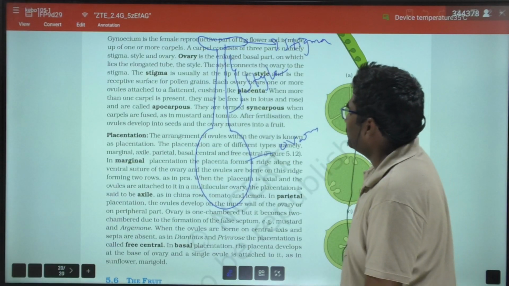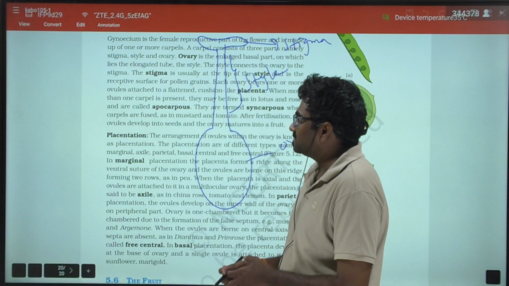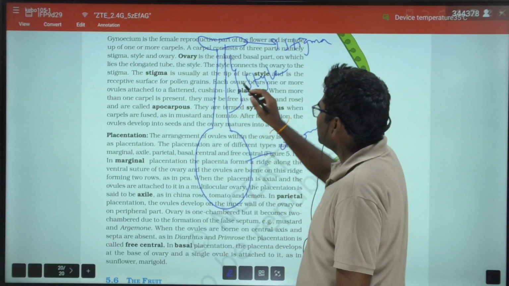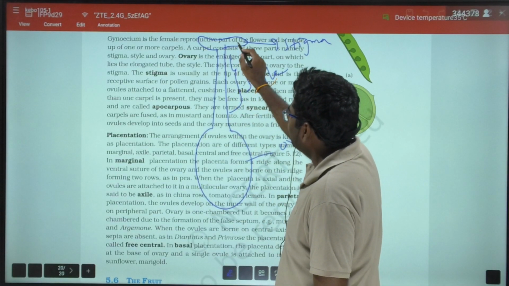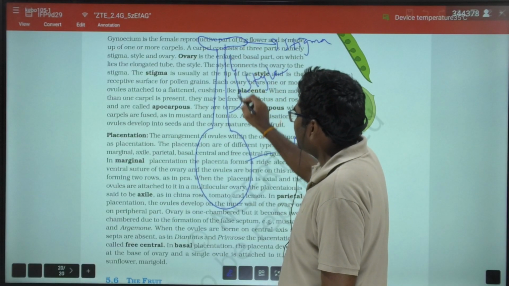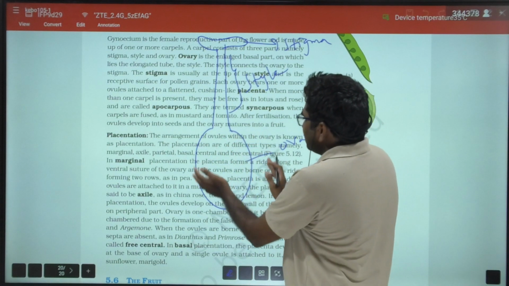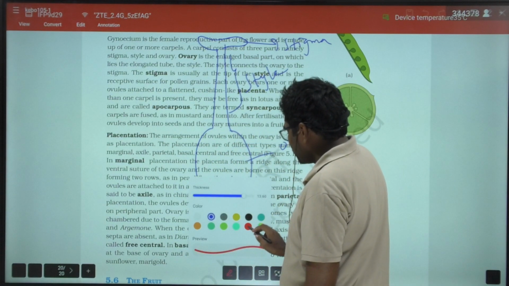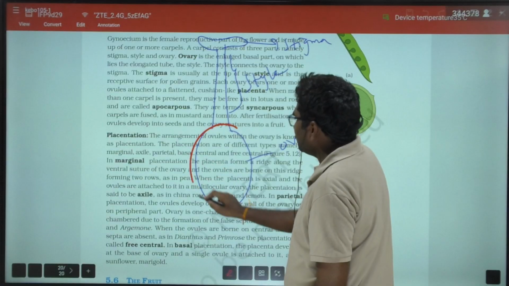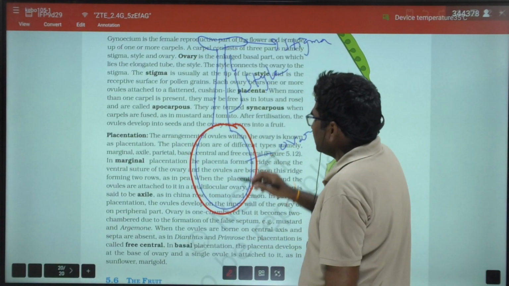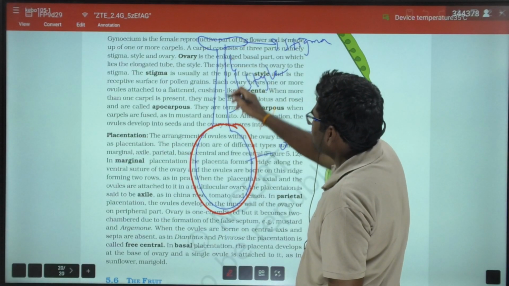The unit of the gynoecium is the carpel or pistil, and a carpel consists of 3 parts, namely stigma, style, and ovary. The ovary is the enlarged basal part, on which lies the elongated tube known as the style.